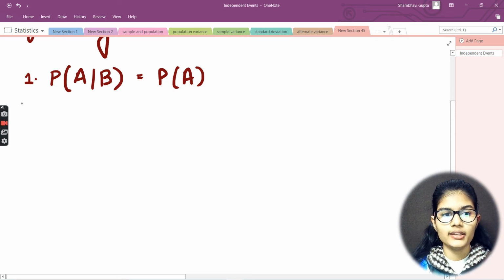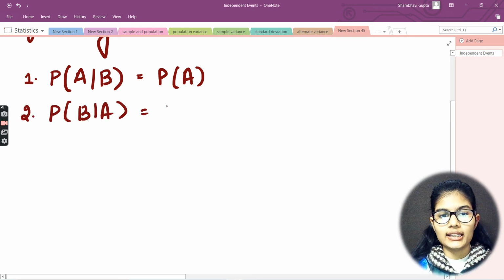Next, my second condition is that the probability of B given A is equal to the probability of B. Any one of these you could choose, whichever is satisfied.